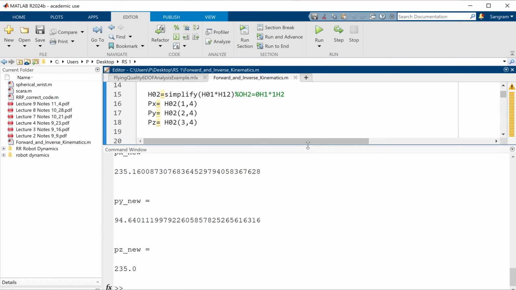Important to note, for every value of theta, you will have Px, Py, and Pz. Now the issue is that this is just a mathematical calculation, so whatever value of theta you substitute, it will give you an answer. But the theta that you substitute must be realizable, which means the actual robot must be able to achieve that value of theta.